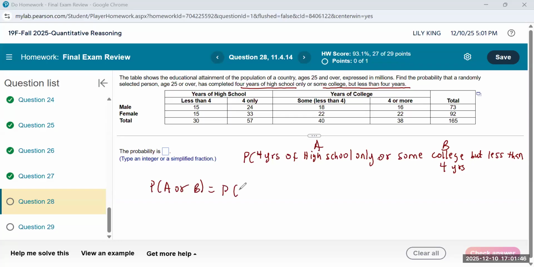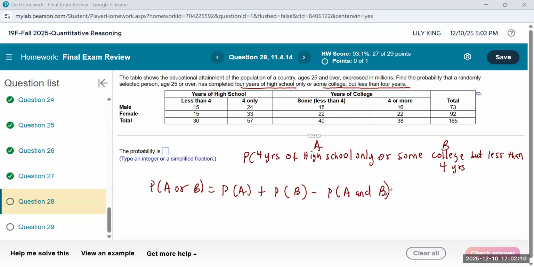Okay, you need to find the probability of being 4 years of high school only. And you need to also find the probability that the person selected at random has some college, but less than 4 years. And if there is an overlapping piece, you have to subtract that.